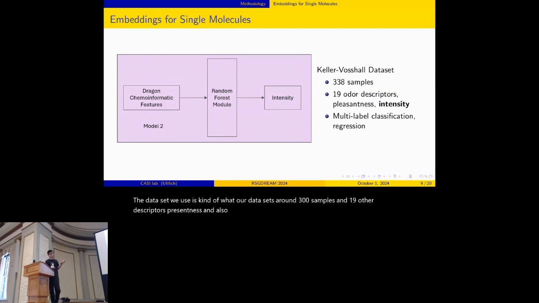The only thing we care about now is the intensity part. The odor descriptors are based on multi-label classification, and for pleasantness and intensity, we are using regression values. Since we only care about the intensity, this model is solely optimized on the intensity performance.